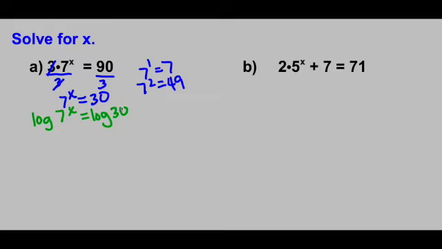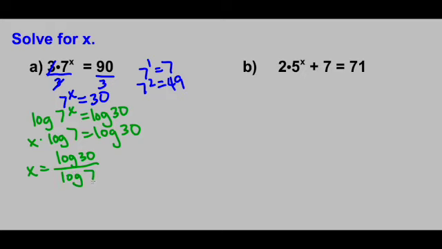From there, we move the x out in front, so it becomes x times log 7 equals log 30. Finally, to find the exact answer, we divide both sides by log 7, so we wind up with x equals log 30 divided by log 7. That would be our exact answer.